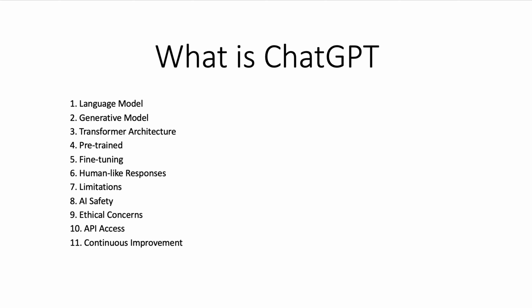Since it is based on the transformer architecture, which follows an encoder and decoder structure, you should know only this much: it follows the encoder and decoder structure. If you are really interested in the architecture, you can look it up online or ask ChatGPT what the transformer architecture is, and it can give you some insight.